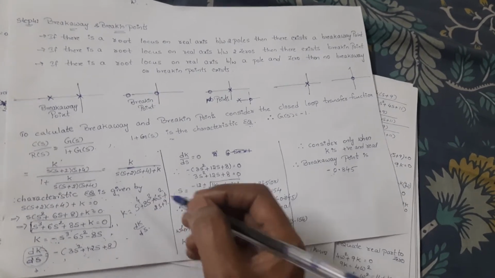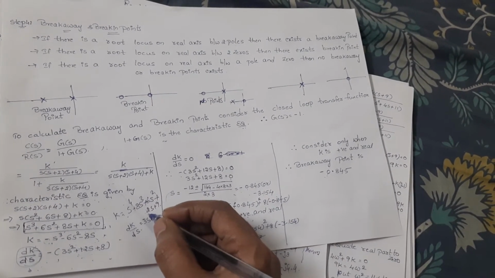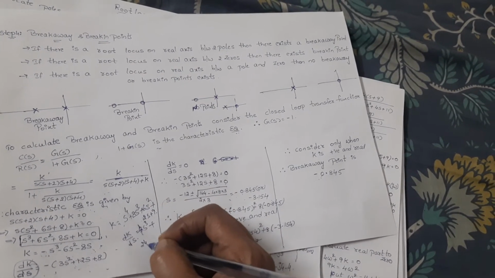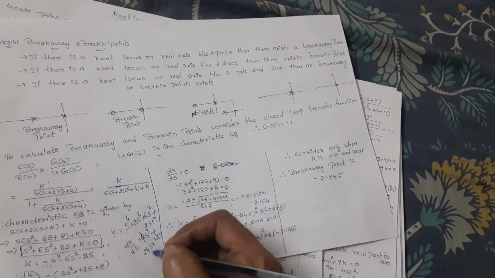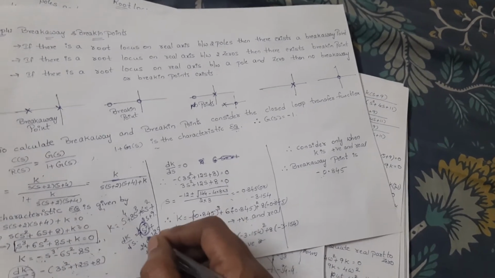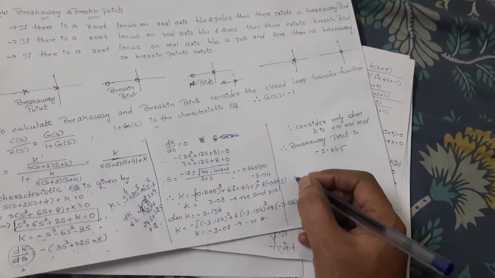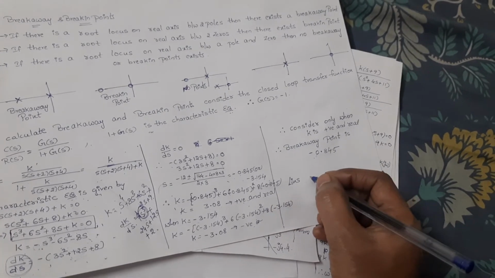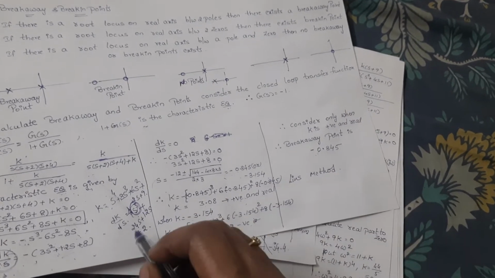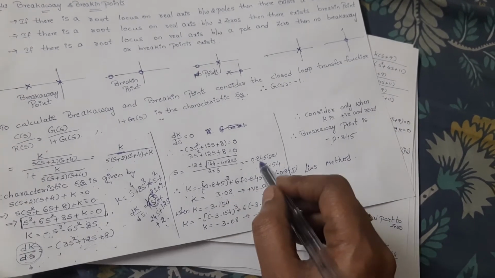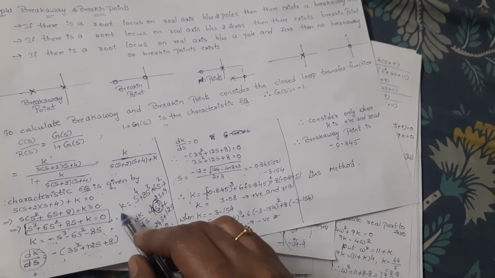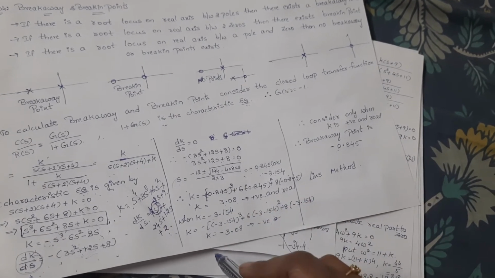Supposing this is k, dk by ds will be 4s cube plus 24s square plus 12s plus 2, which is in terms of s cube. To calculate the roots of this s cube equation you should go for Lin's method, or else you can calculate directly from the calculator. If you know, you can directly write the root values and then substitute these s values in the k equation to determine whether it is positive or negative.